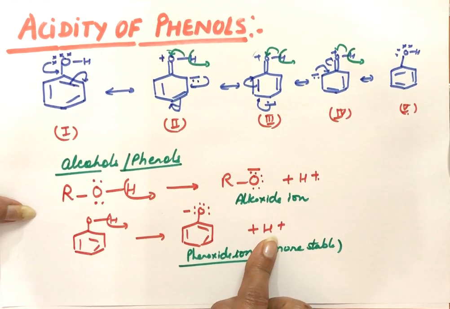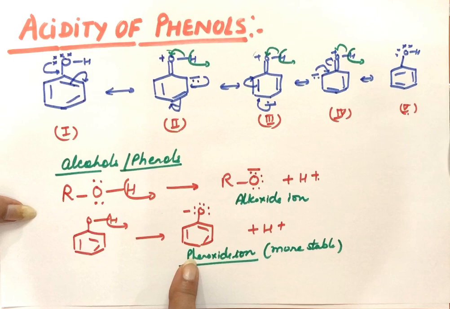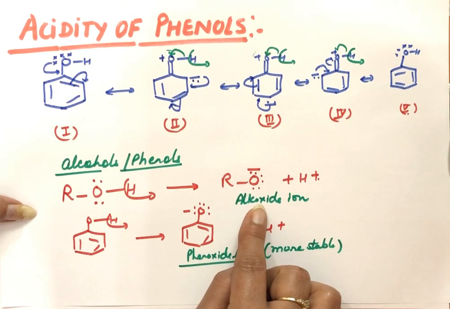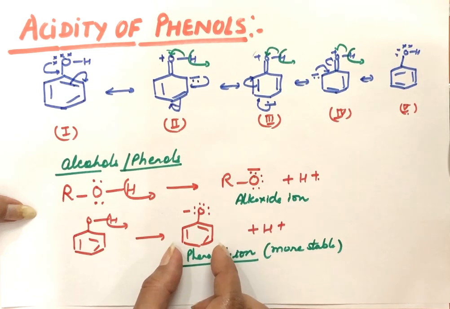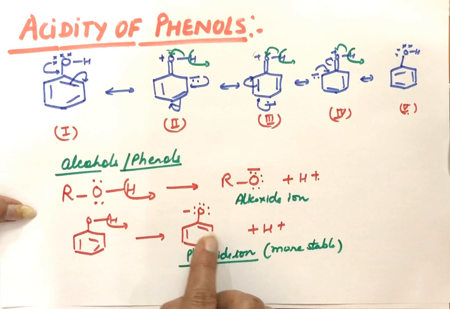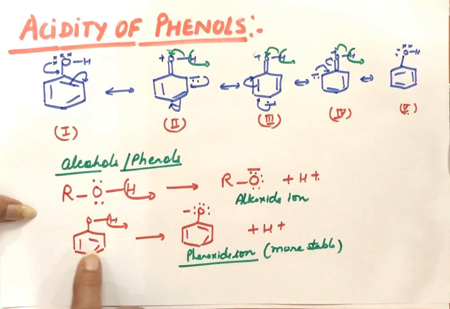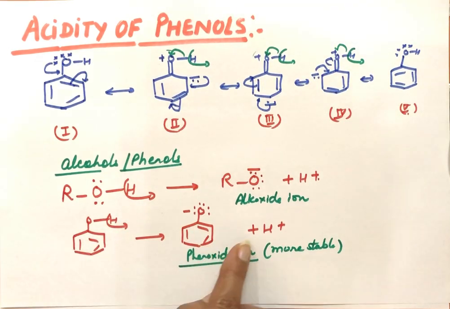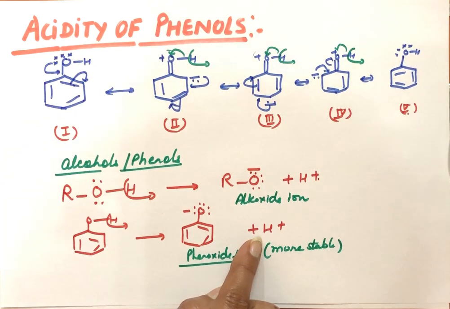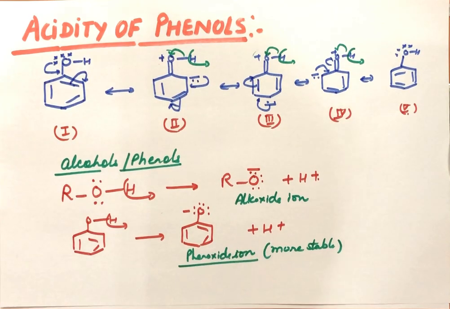That can be confirmed further: the phenoxide ion further shows resonance, while there is no resonance in the case of alkoxide. If this shows further resonance, that means it is stable, and reactions always go towards the stable side. So the reaction easily goes towards this side with the release of H plus.